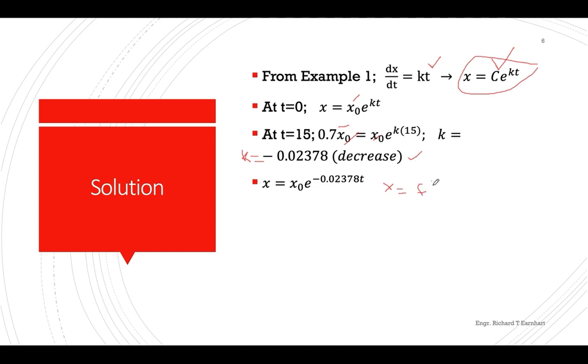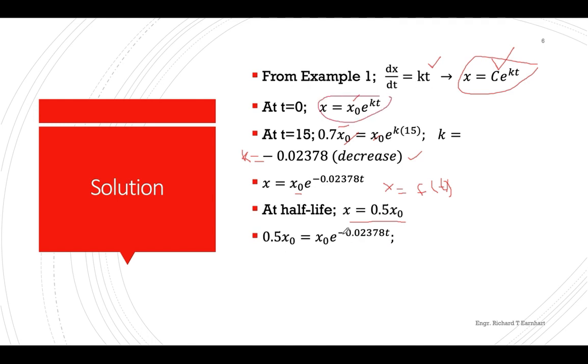So at any given time t, you can solve for x in terms of the original amount. And then at half-life, we can use this. Using again this equation, your x will be 0.5 x sub o, and then this is your c, e to the k, this is your k multiplied by t.